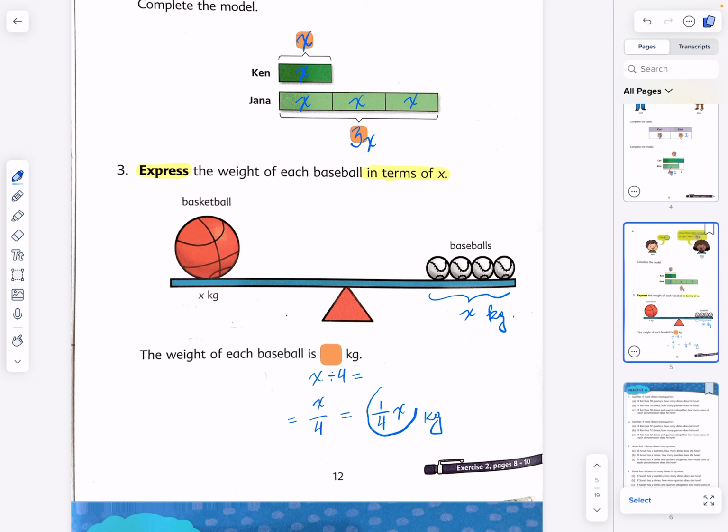And I would say this is the preferred way in algebra language. We put the coefficient, which is a fraction, in front of the variable. Coefficient. It's a number that tells us multiply X kilograms by 1/4, which is the same as divide by 4.